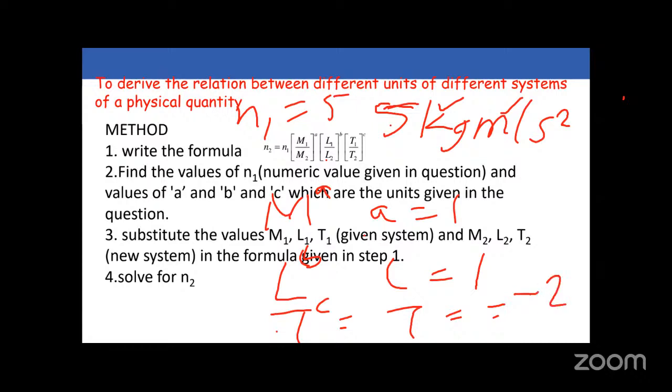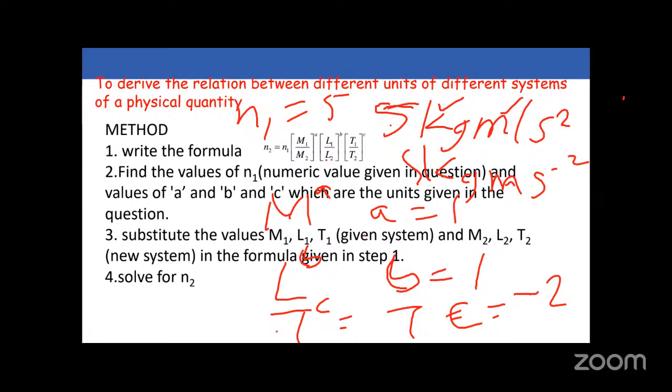Because if I write this, I will have 5 kg m s minus 2. So now you know what A is, what B is, what C is. So you substitute them into this formula.